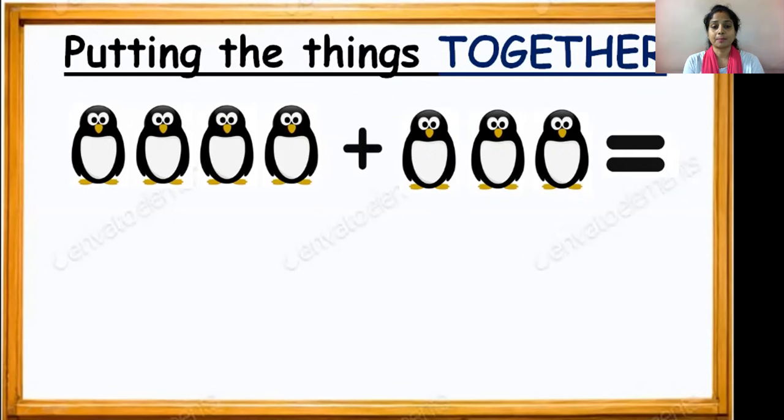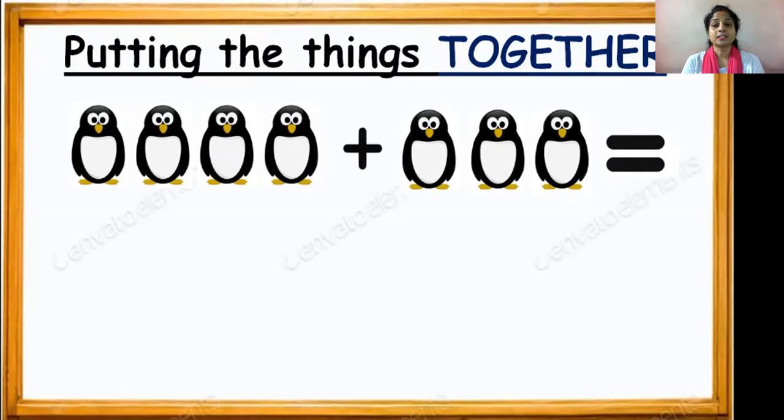And now there is a plus symbol. It means we are doing addition of these 4 penguins with next 3 penguins. Look at this, 1, 2, and 3. And at the end, there is a symbol of equal to, right?